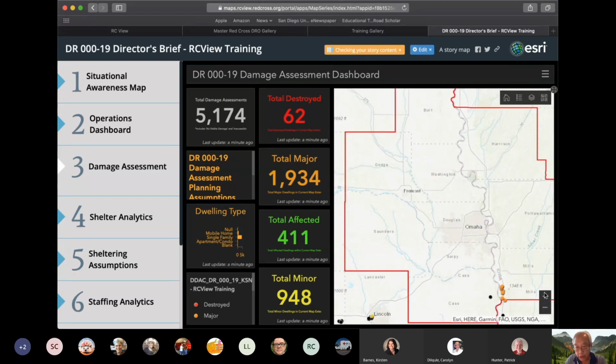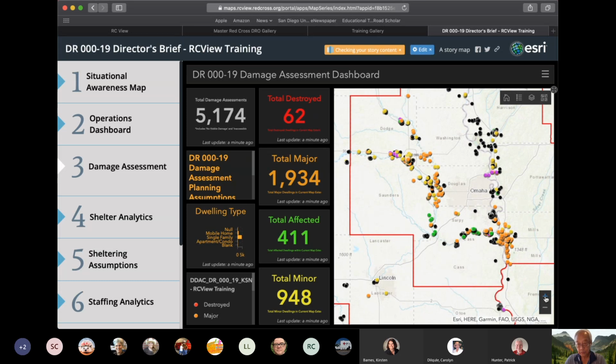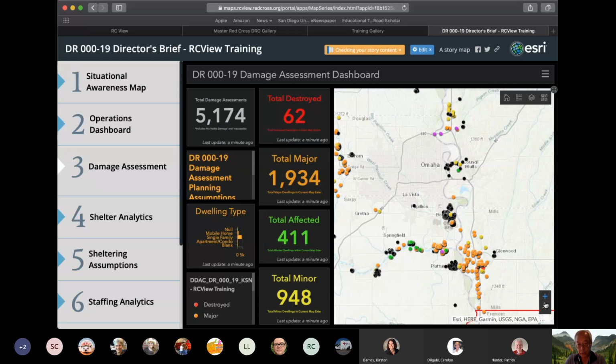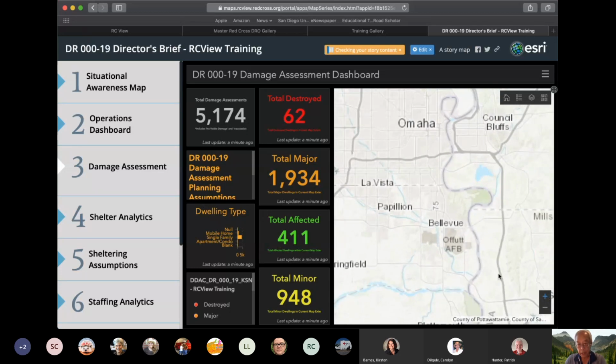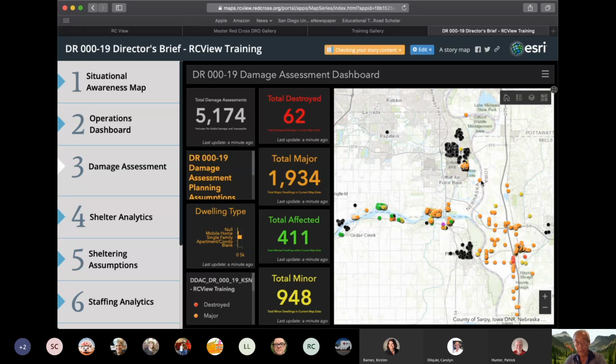So if I was just focusing on Omaha, and if someone said, where should I send my feeding to? I might look at a map like this and look at my clusters.